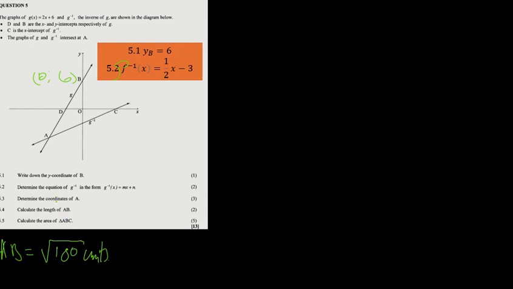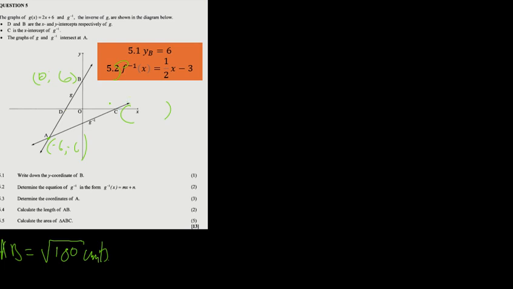So step one, we know the length of this side. At this point we have negative 6 and negative 6. These two lines here are equal. So let us find the coordinates of C first.